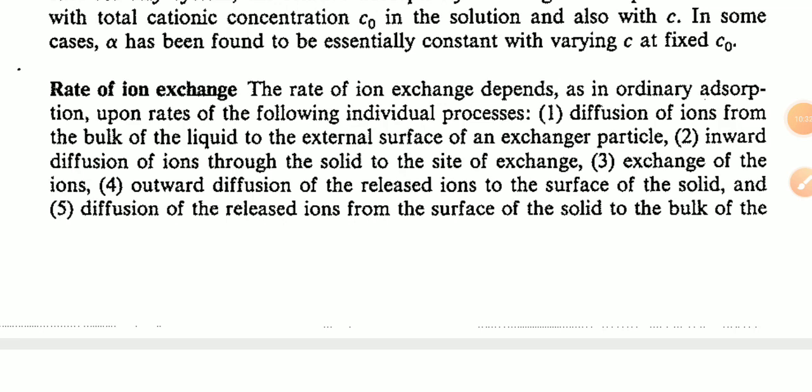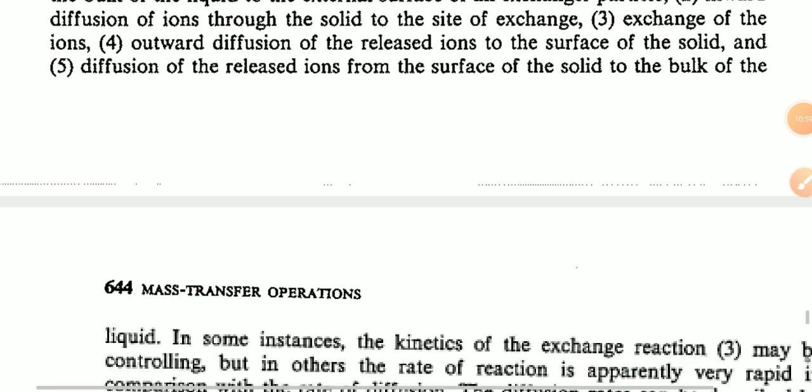Third one, exchange of the ions, outward diffusion of the released ion to the surface of the solid, and the diffusion of the released ion from the surface of the solid to the bulk of the liquid.